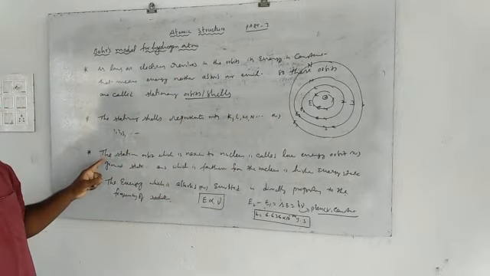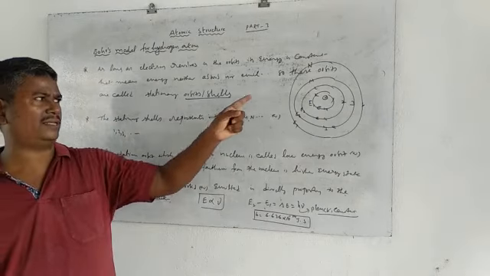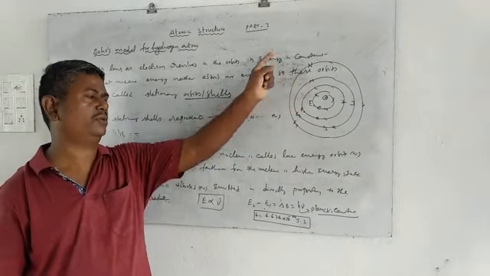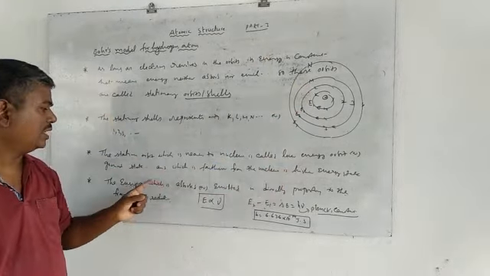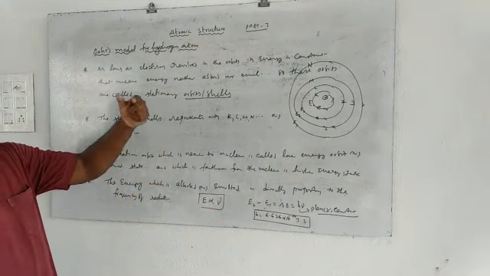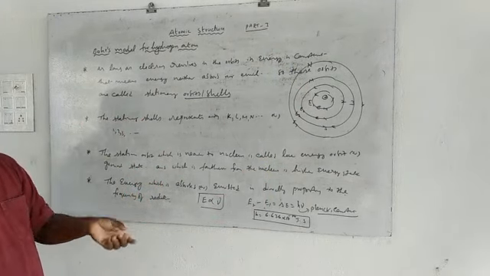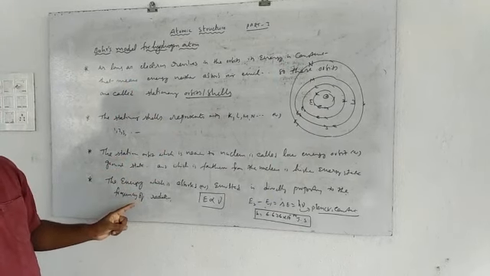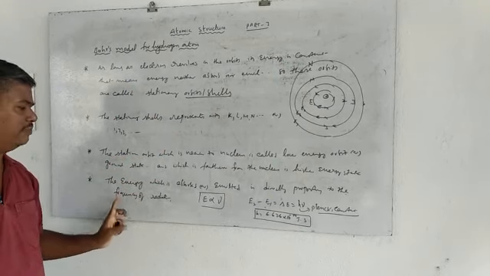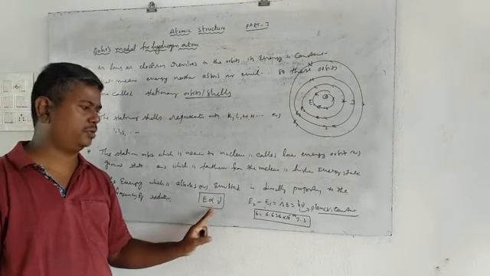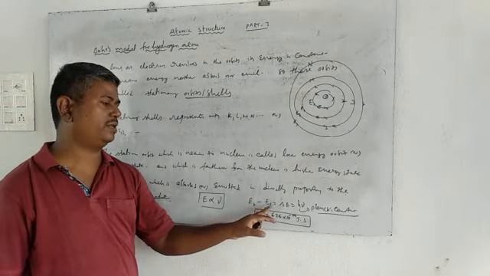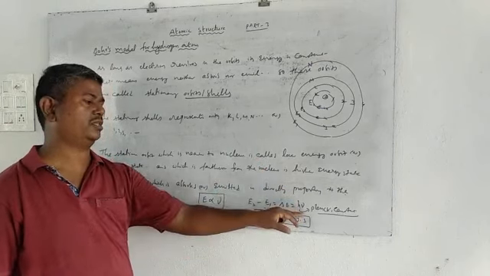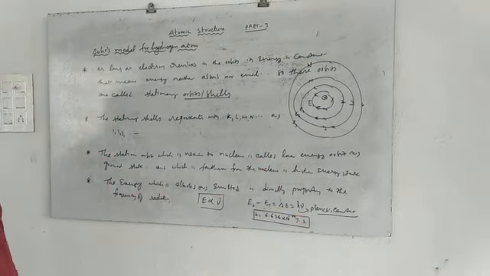The stationary orbit nearer to the nucleus has less energy, and the one farthest from the nucleus has more energy. When an electron jumps from lower to higher or higher to lower, the difference between the two energy states is directly proportional to the frequency of the radiation, that is E is proportional to ν, E2 minus E1 equals hν, where h is called Planck's constant.